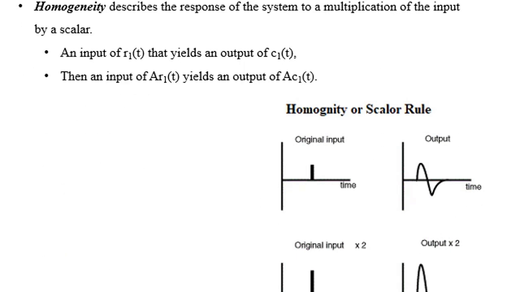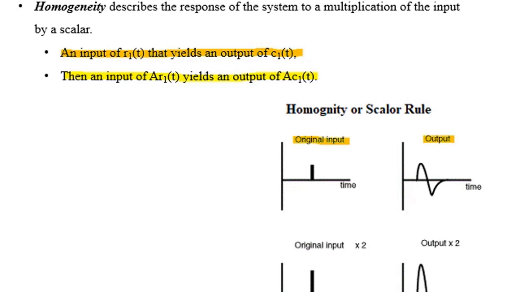Students, now we will study the homogeneity property of linear systems. This property says, for any linear system, if we have input R1 of t, this will give us an output of C1 of t. Second, if we multiply our input by any scalar, then our output will also be scaled by the same number. This is demonstrated in the figure.